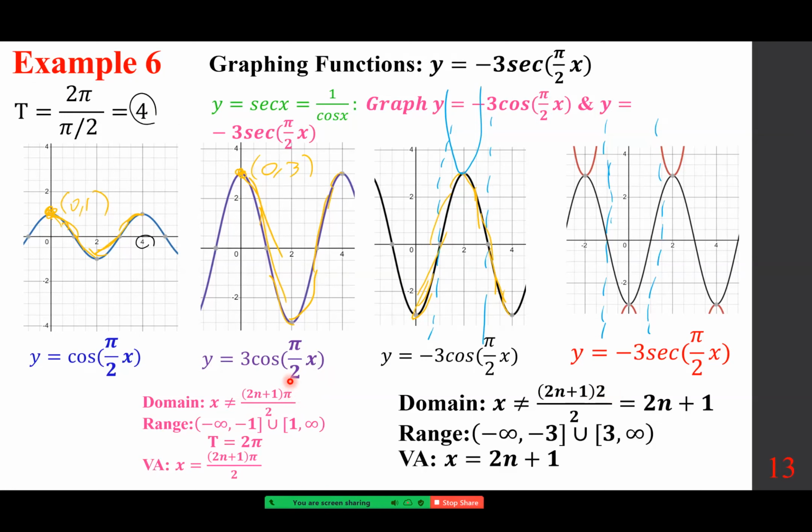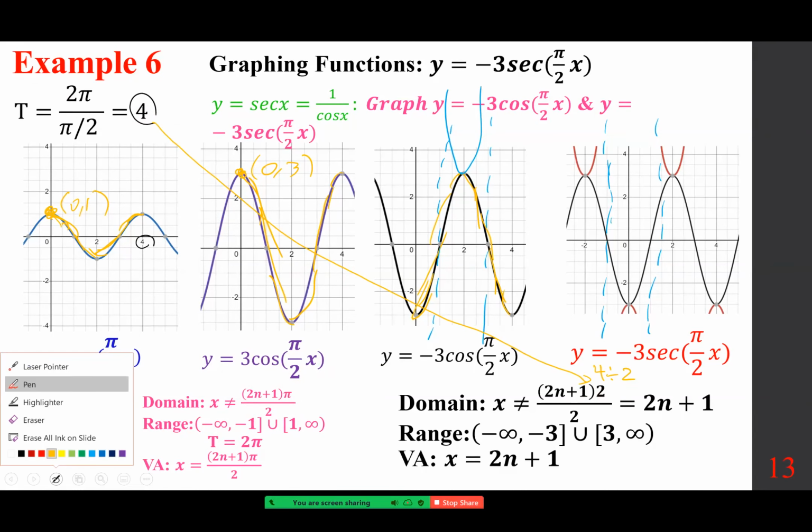Pi was half of 2 pi. So half of 4 is 2. That's how you arrive at that. This has gone up to 3, so this changes from -1 to -3, and 1 becomes 3. The same thing happens with the VA, and we are done.